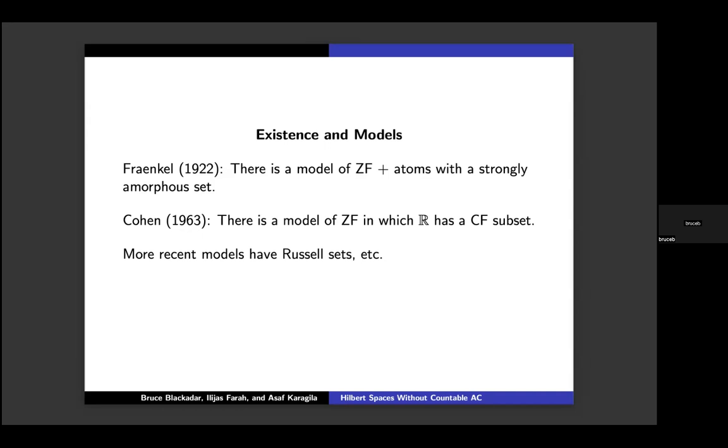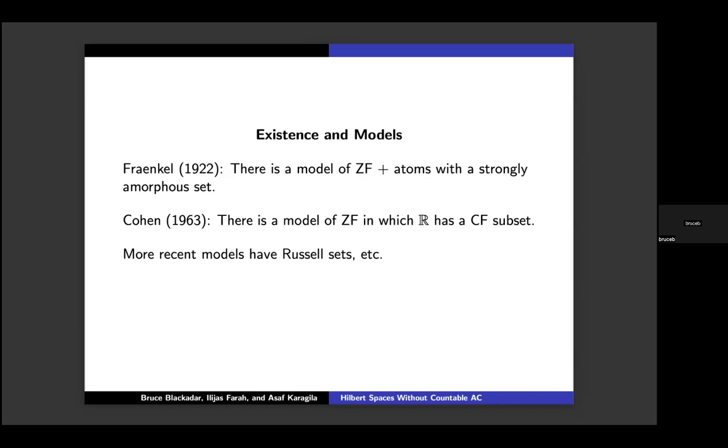And then Cohen, in his famous work in the early 60s on the independence of the axiom of choice and the continuum hypothesis, constructed a model of ZF in which the real numbers has a DF subset. And then there have been more recent models giving Russell sets and these other various things.